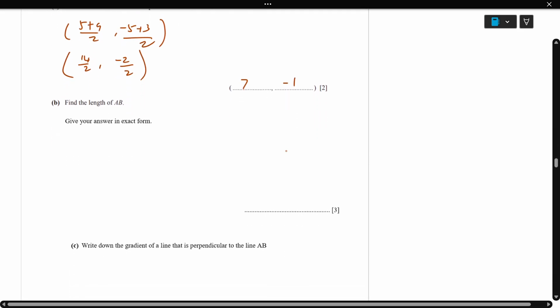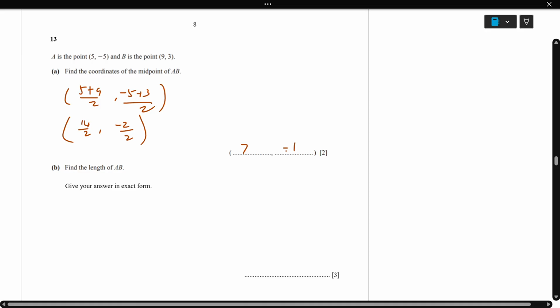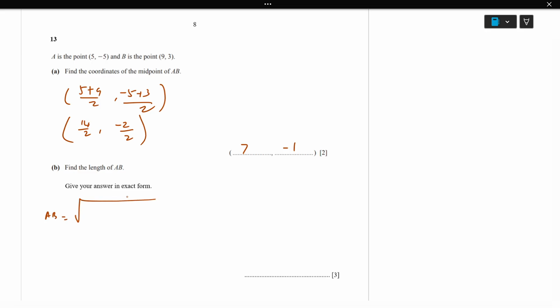Next, find the length of AB. The length of AB equals the square root of (x2 minus x1) squared plus (y2 minus y1) squared. We take x1, y1 and x2, y2. So x2 minus x1, the change of x, is 9 minus 5, whole squared, plus the change of y, 3 minus of minus 5, which is plus 5, whole squared. That is the square root of 4 squared plus 8 squared.